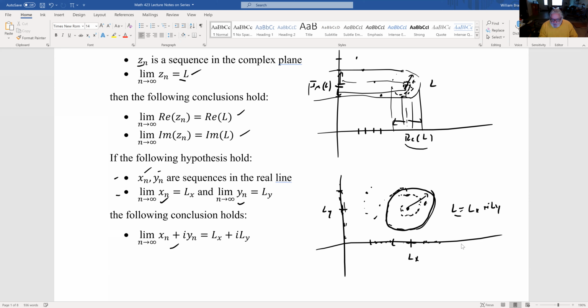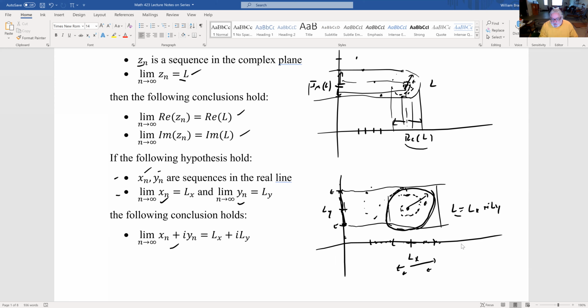And we know that if it converges, then for a particular epsilon, all the tail end of the sequences are within epsilon of Ly and Lx. But actually, it's a bad drawing, but it's actually a box, right?